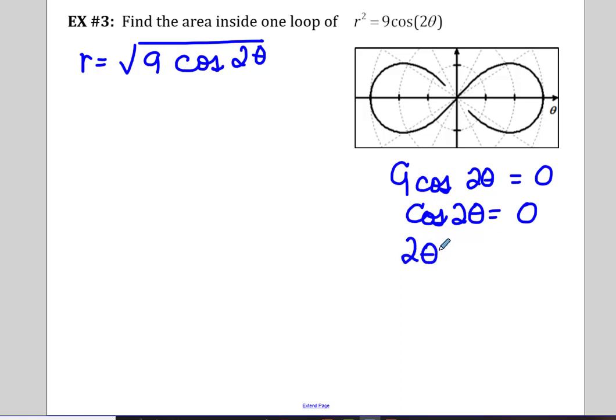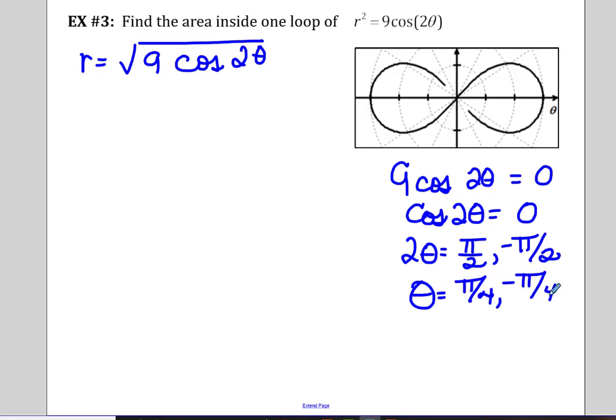So cosine is 0 at π over 2 and also at negative π over 2. So we would have θ could either be π over 4 or negative π over 4.